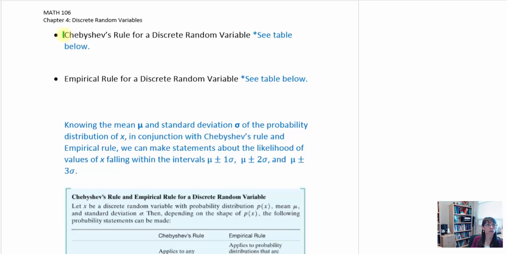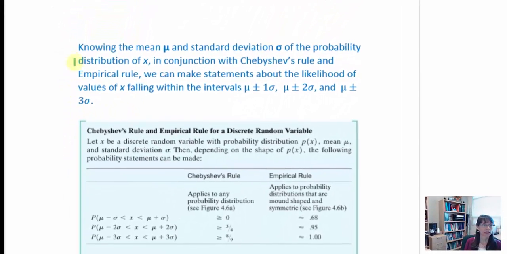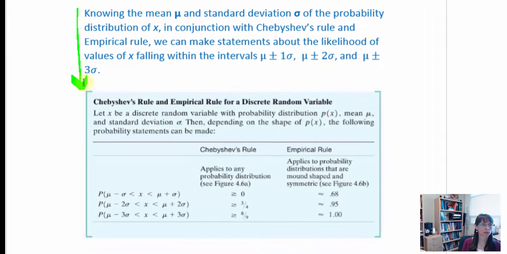Another thing that will be useful to us is Chebyshev's rule for discrete random variables and the empirical rule for discrete random variables. In the table below, you can see a reminder of what percentage of the data is expected to fall within 1, 2, or 3 standard deviations of the expected value.